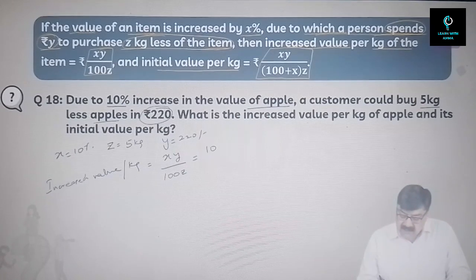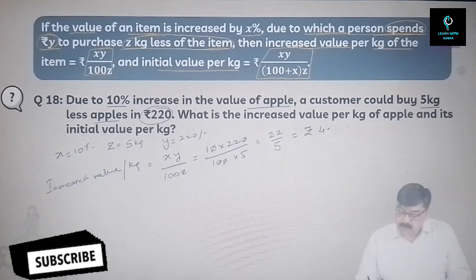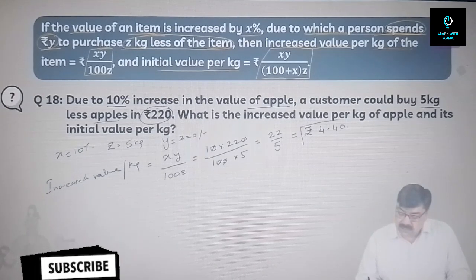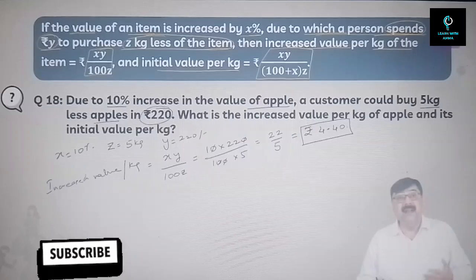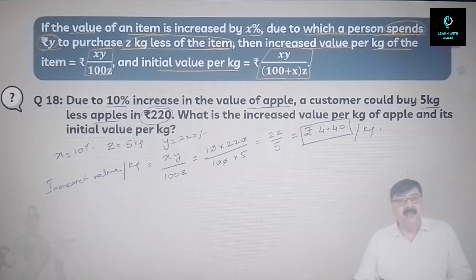That is 10 into 220 by 100 into 5. So the zeros will cancel here. So it will become 22 by 5, which is rupees 4.40. Now this is the increase in the value of apples per kg.